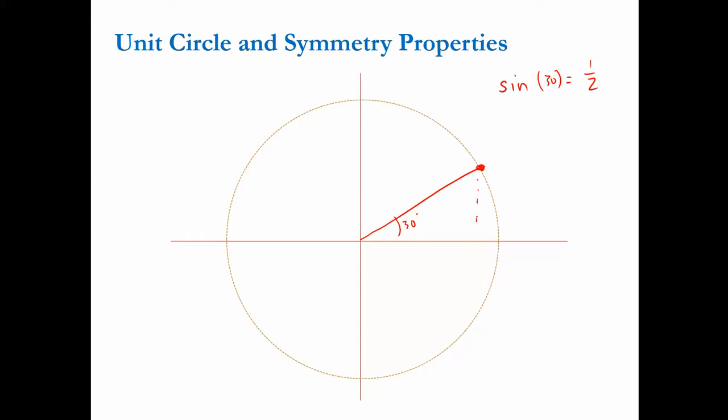Sine represents the height, so the height is half. That point has a y value of half. Now if I draw the same triangle on the other side, you know that the y value at this point has to be half as well.